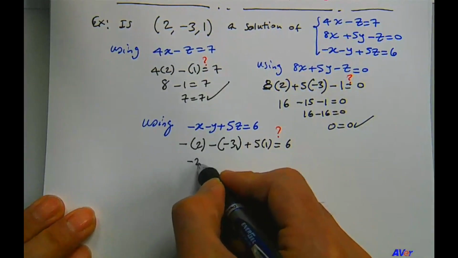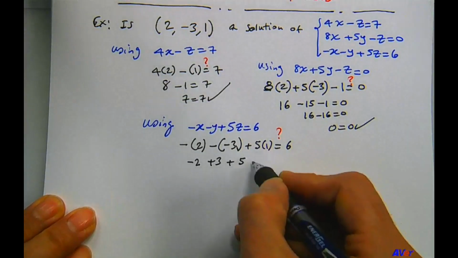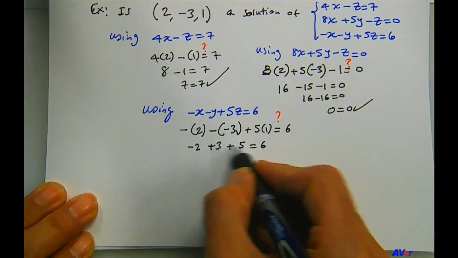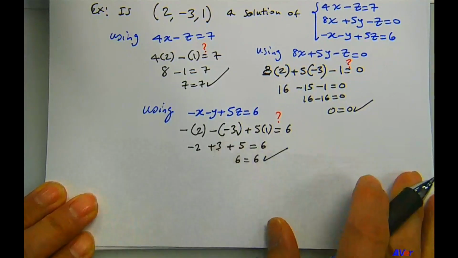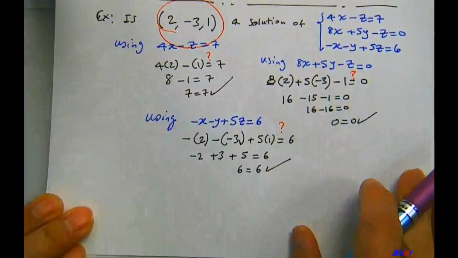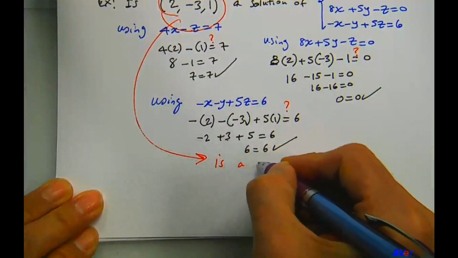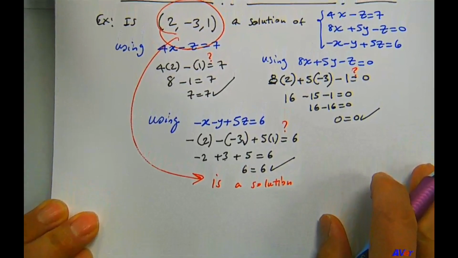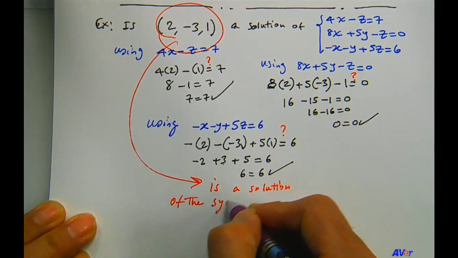So here we have minus 2, here we have positive 3, then we have positive 5 equals 6. This would be 5 plus 3 is 8, minus 2 is 6, equals 6, so it checks out. So once again, this point right here is a solution of the system.